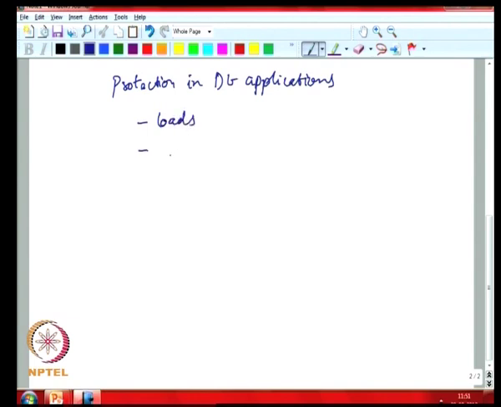The second equipment that you would like to be protected is the DG itself, the distributed generator source. So, these are things within the facility.